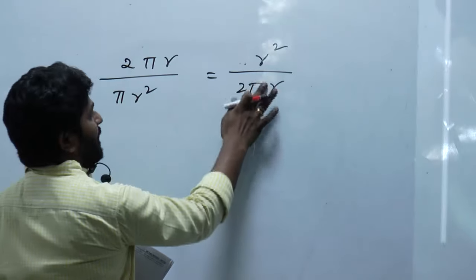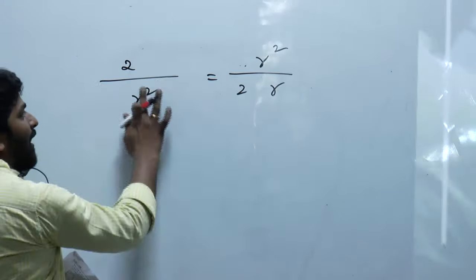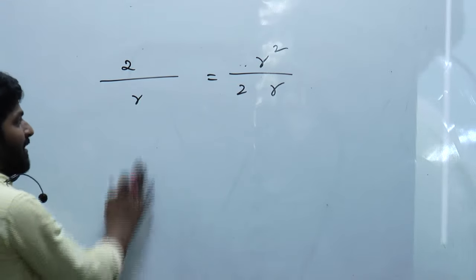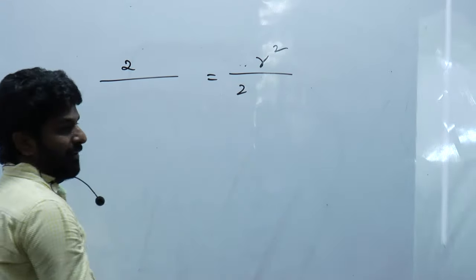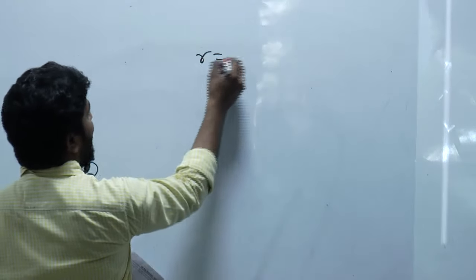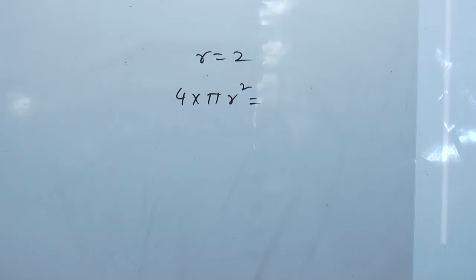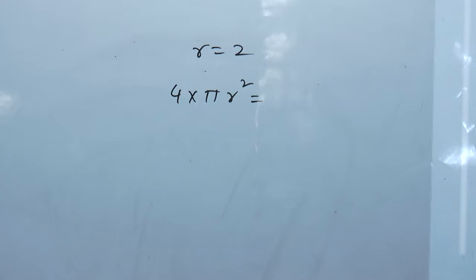Pi, pi cancel. Here also cancel. R square gets cancelled. R is equal to 2, and your answer is 4 into pi r square. How much? 16 pi. The area of the square which is covered by 4 coins is 16 pi.